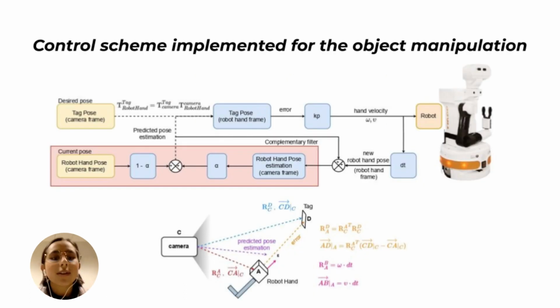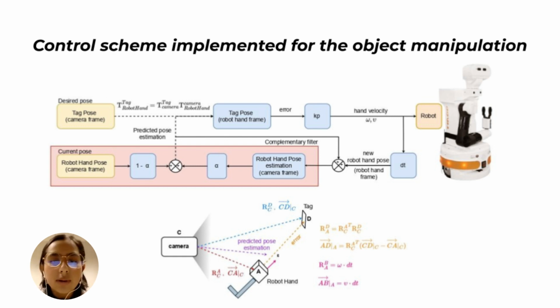The next stage consists of the design of a control system, in which we have the desired pose and the current pose. The desired pose is the pose that comes from the tag detected by the camera, and the current pose is the robot hand pose that was built from the square construction around the hand with different tags.